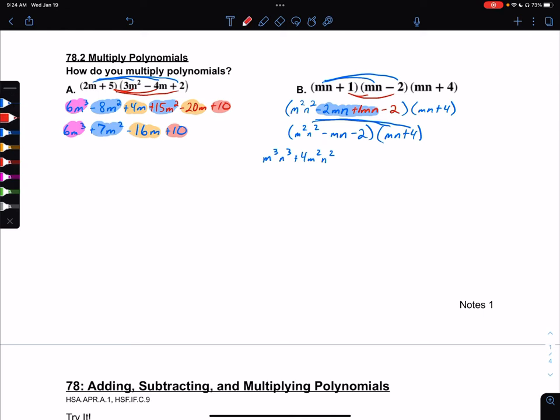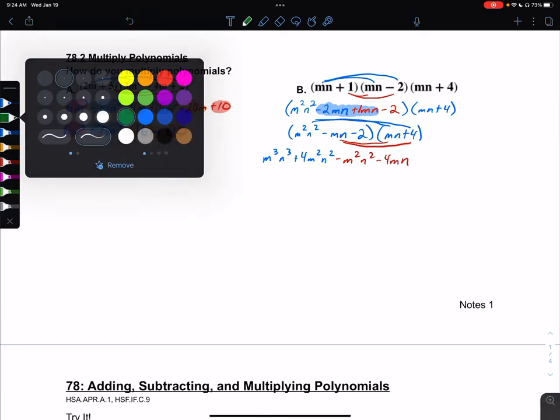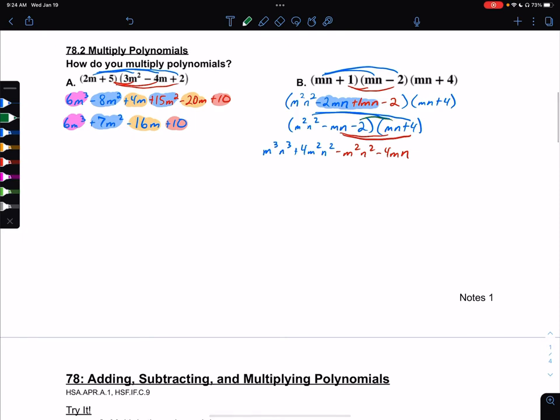I would then take my next term, the negative mn, and distribute that. So negative mn times mn is negative m squared n squared. And then negative mn times 4 will be negative 4mn. And finally, we want to distribute this negative 2. So we would have negative 2mn minus 8.